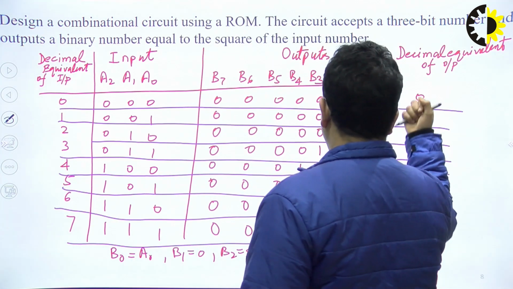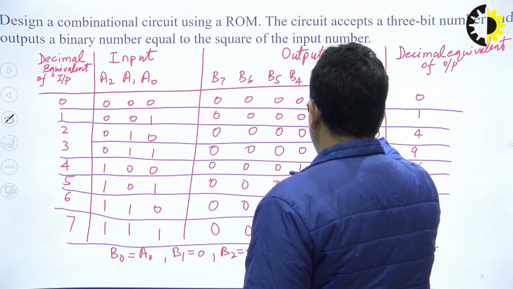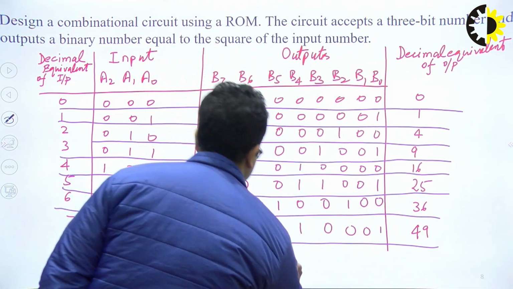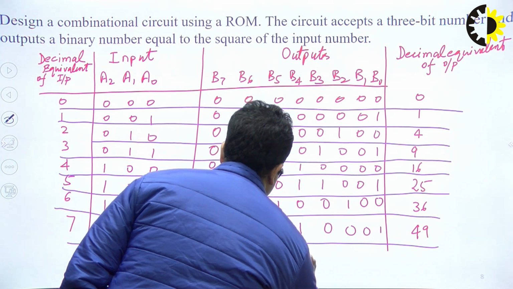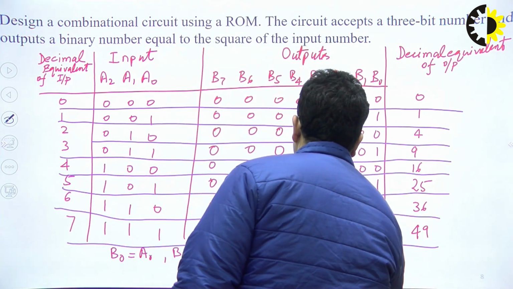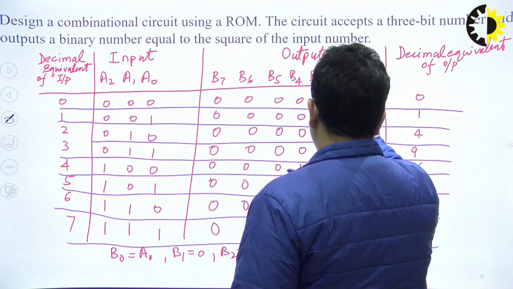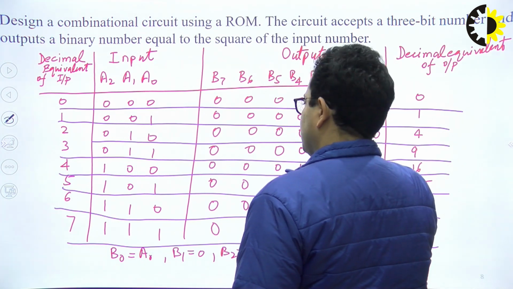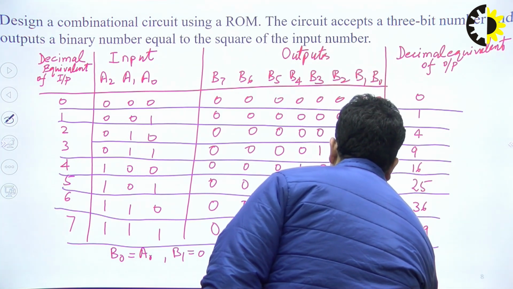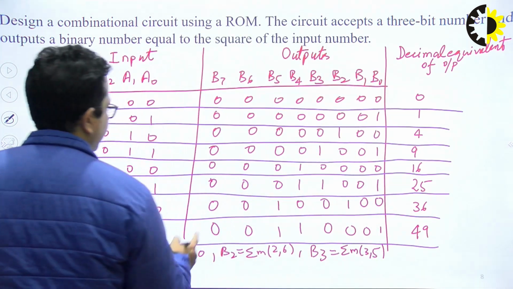So we are getting 1 for B2 at 2 as well as at 6. So 2 and 6. For the case of B3, it is giving 1 at 3 and 5. Now B4 and B5.